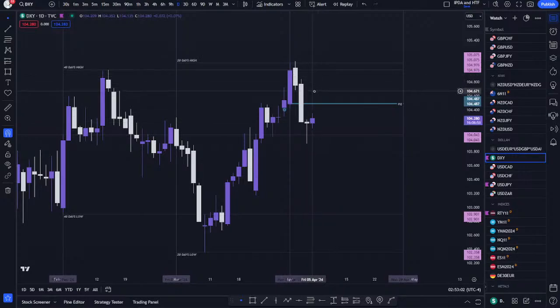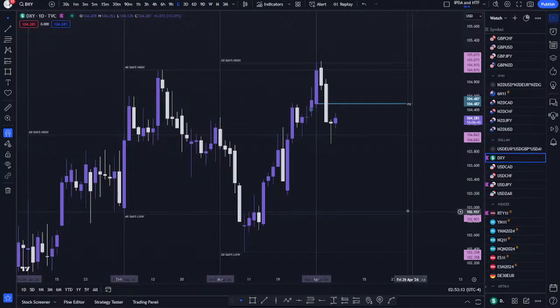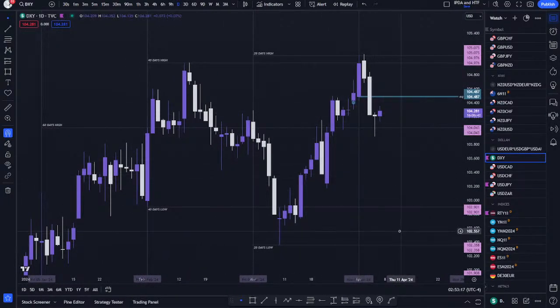If we break through it, especially get to the full closure of this fair value gap, then I think we're going for the highs again, the high of the month, one more time, before we can see the drop that we're looking for. Because I'm looking to be bearish on the dollar index this month, but just not now. I really want to see NFP create the high of the month. That's all I want to see.